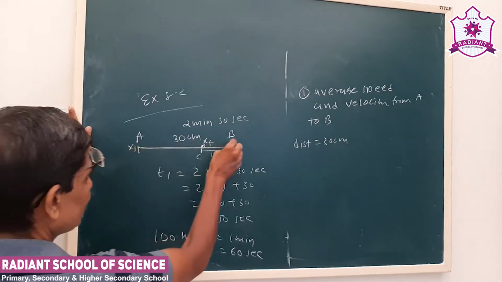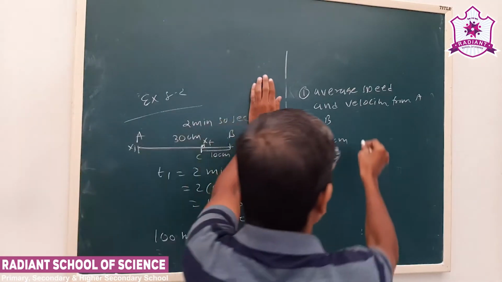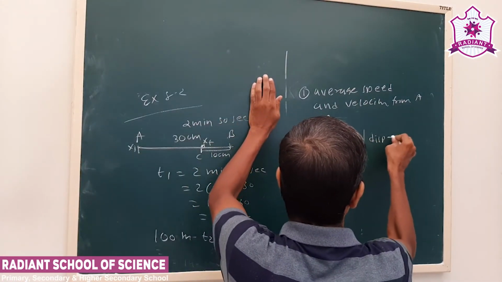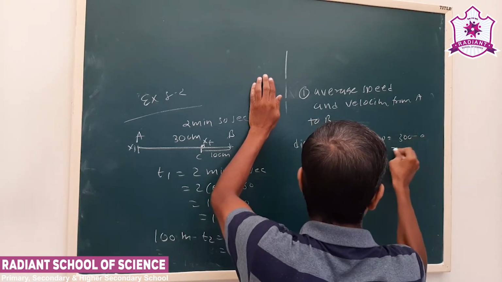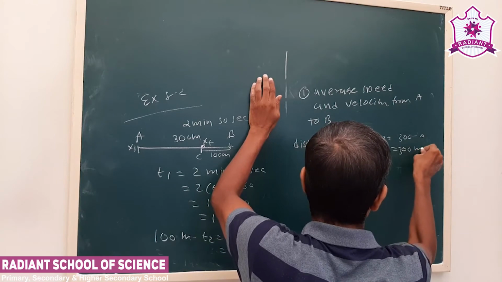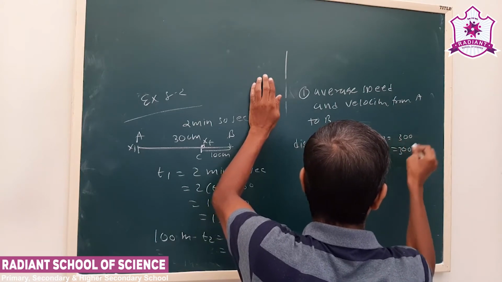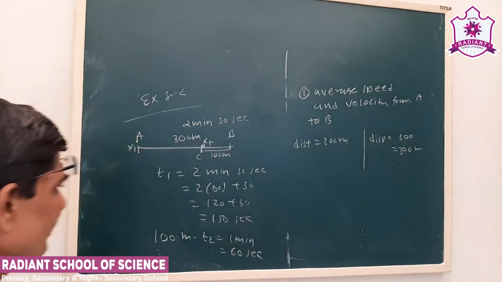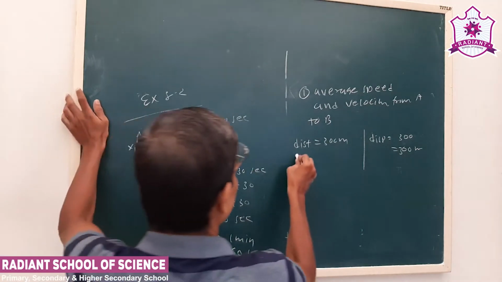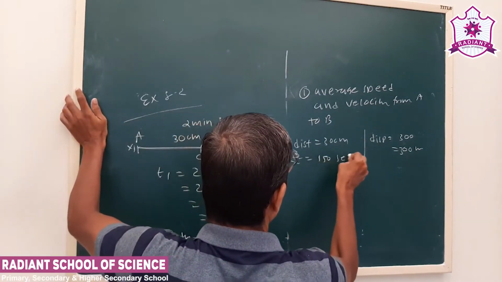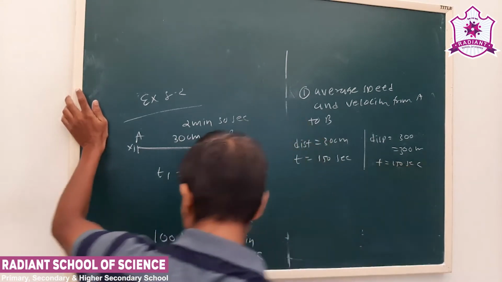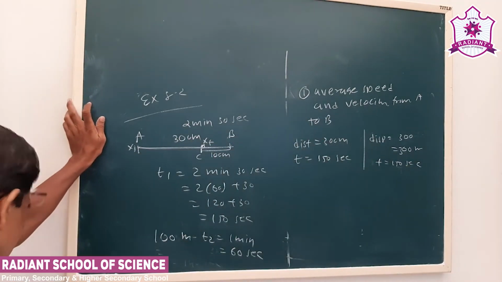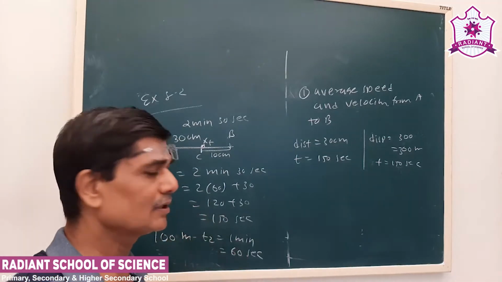This will be the initial and this will be the final position, so that is the displacement also. Now what is the time here? 150 seconds. It is given as 2 minutes and 30 seconds, so 2 into 60, 120, plus 30, is 150.